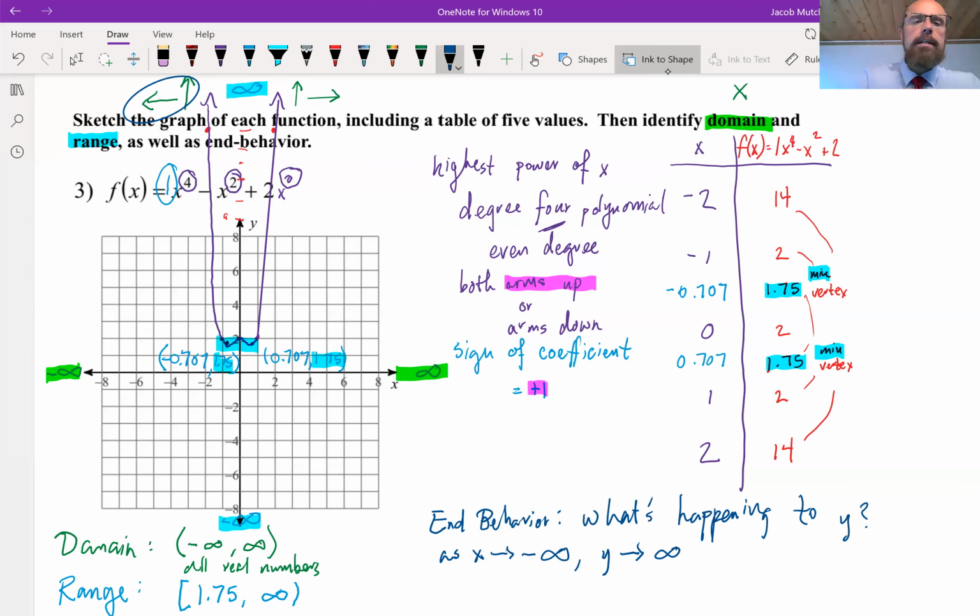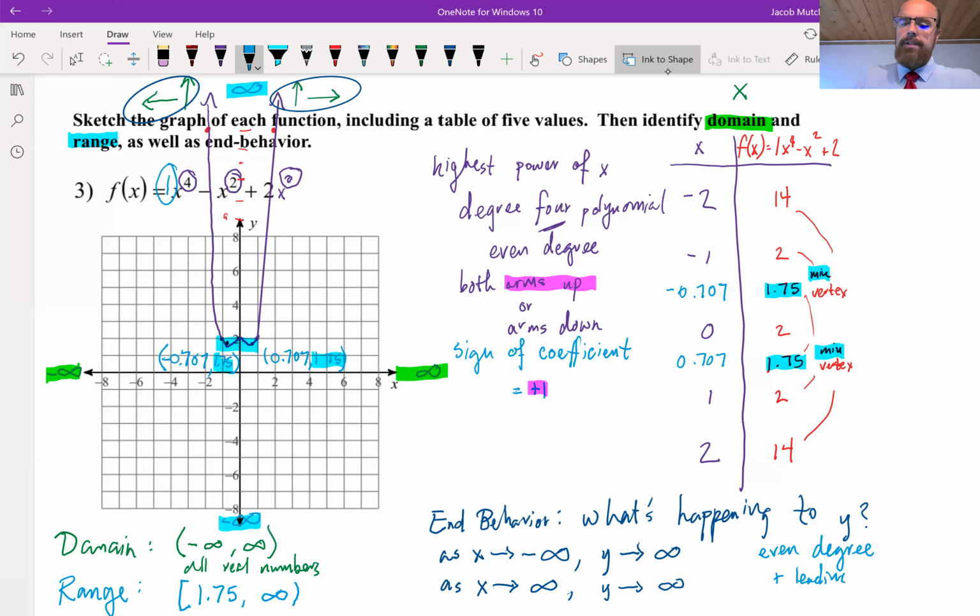Now I'll translate the second pair of arrows. That horizontal is pointing to the right. So as x approaches, the right direction is positive infinity. The vertical arrow is pointing up, y approaches positive infinity. And just to bring it full circle, recall our initial prediction was that this is an even degree function with positive leading coefficient.